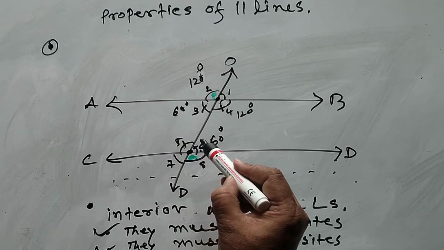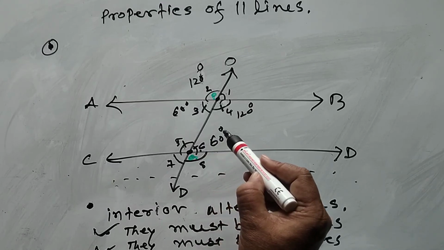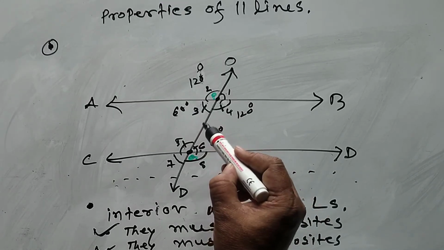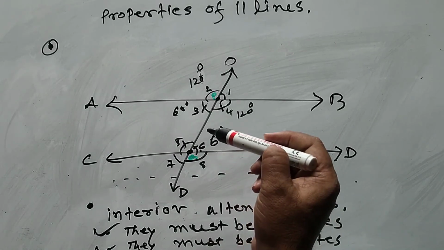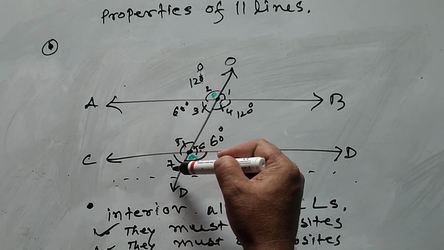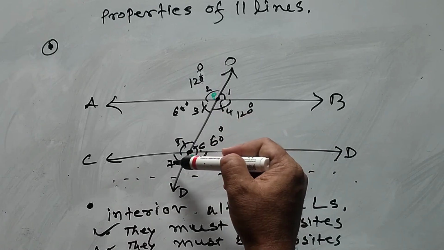Remember that it is co-interior, so we can't say that angle 2 and angle 7 are co-interior, they are exterior angles.